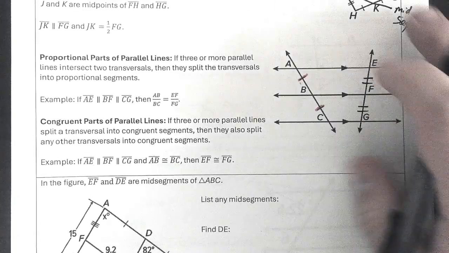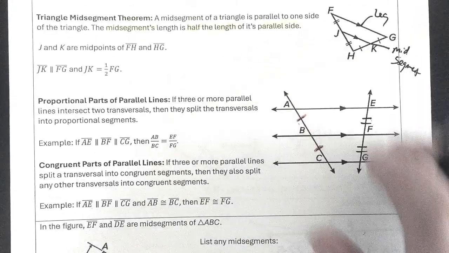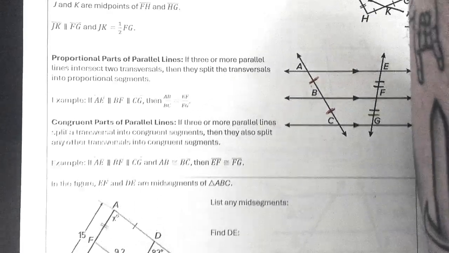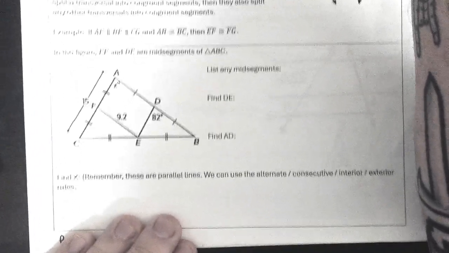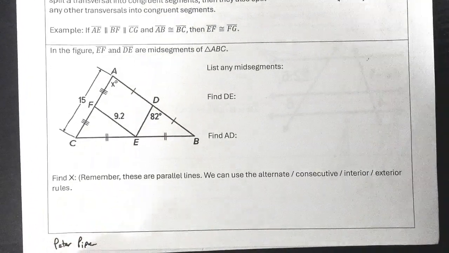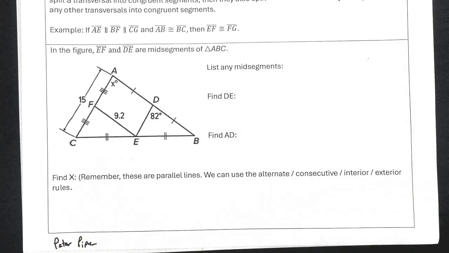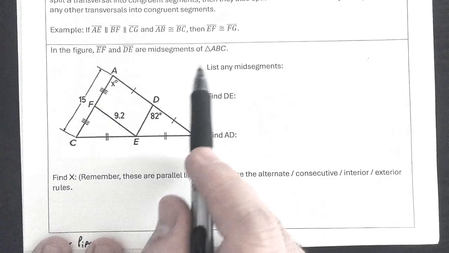This is important when it comes to these triangles. You'll see it's tough to make everything make sense until we start actually practicing. So in the figure, EF and DE are mid segments of ABC.